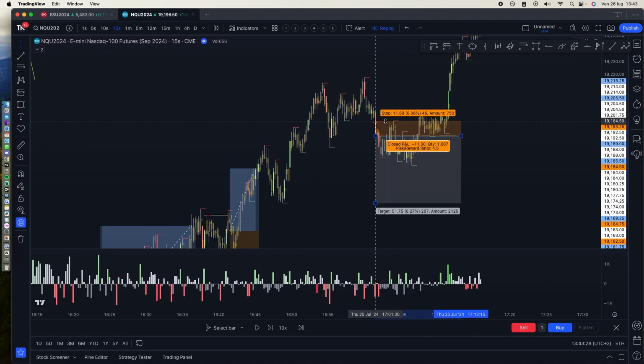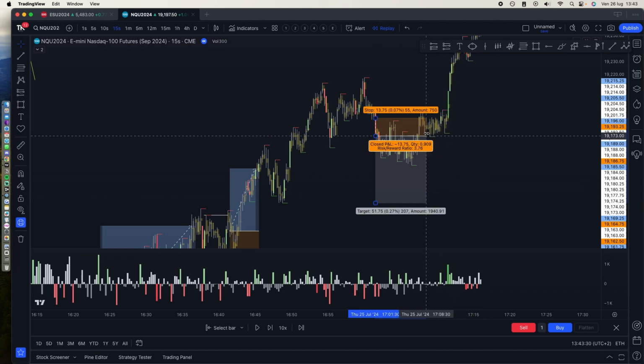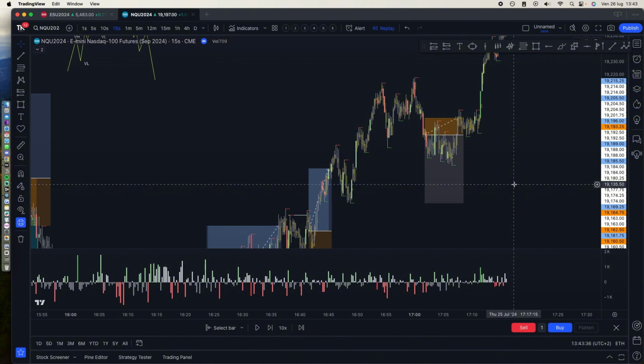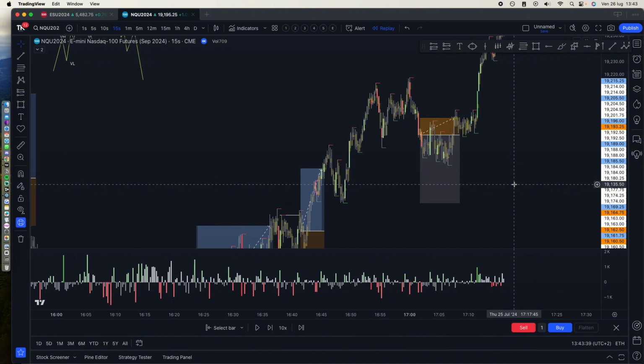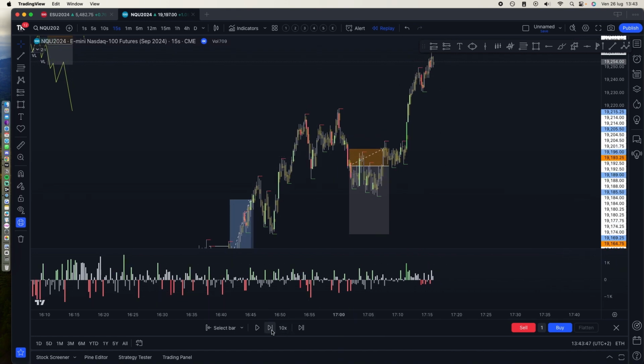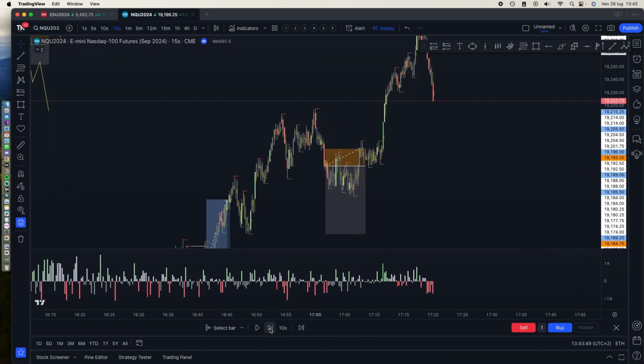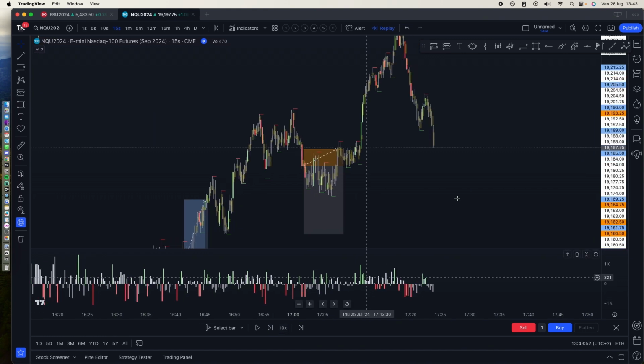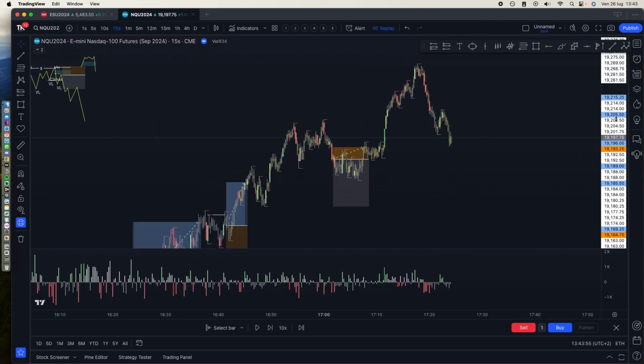I will move my stop loss here, to be honest. So this is the stop loss. And now we turn bullish, but unfortunately we don't have a green candle. Doesn't matter. I think you understand everything.